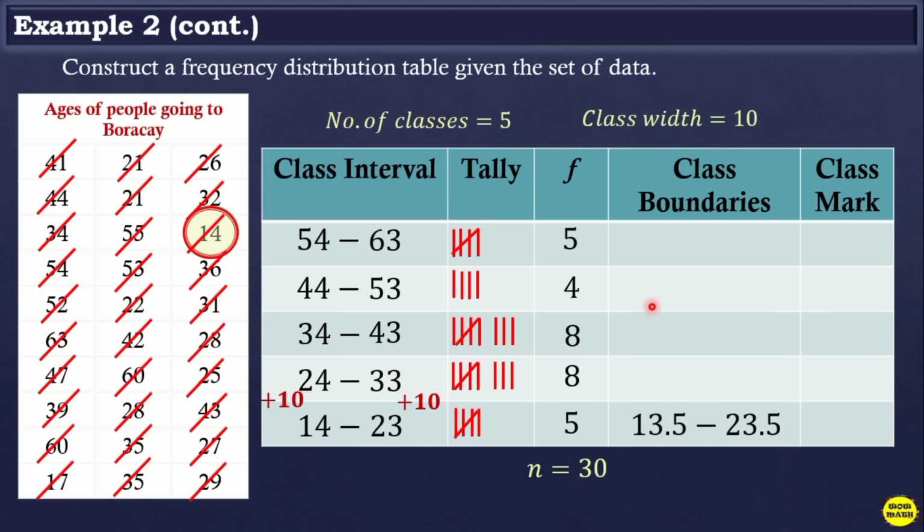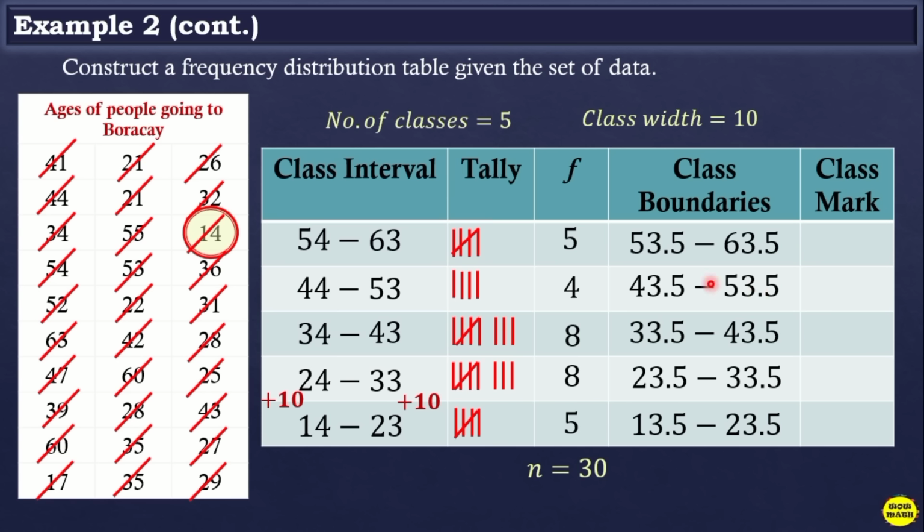So, we have 23.5, 33.5, 33.5 to 43.5, 43.5 to 53.5, and then ito rin po siya. So, again, these are your lower class boundaries, and these are your upper class boundaries. So, again, in identifying your class boundaries, you may also apply the class width. Pero, syempre, dun ka mag-start sa lowest. Okay? So, lagi po tayong sa lowest.